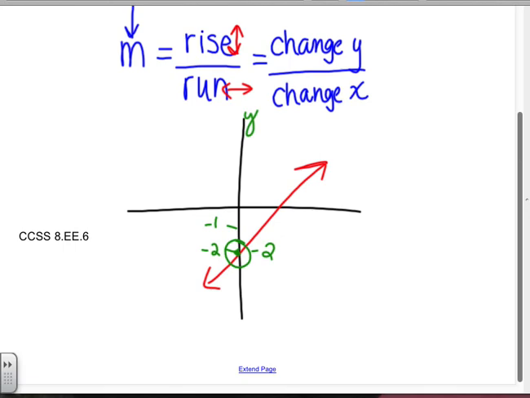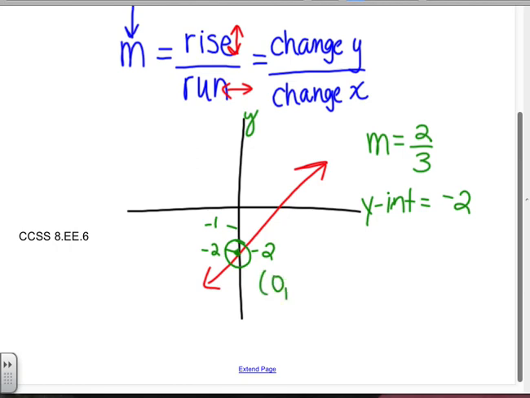Because if you know the slope of your line, if you are given that ratio, and someone tells you the y-intercept, you can graph that line. Because the y-intercept is essentially an ordered pair.